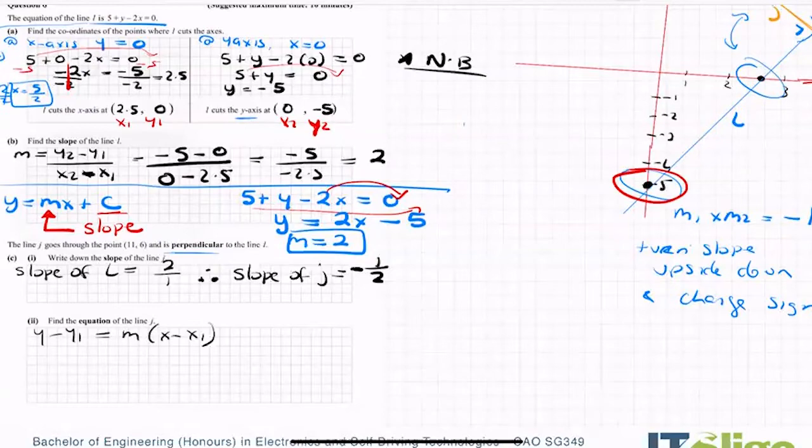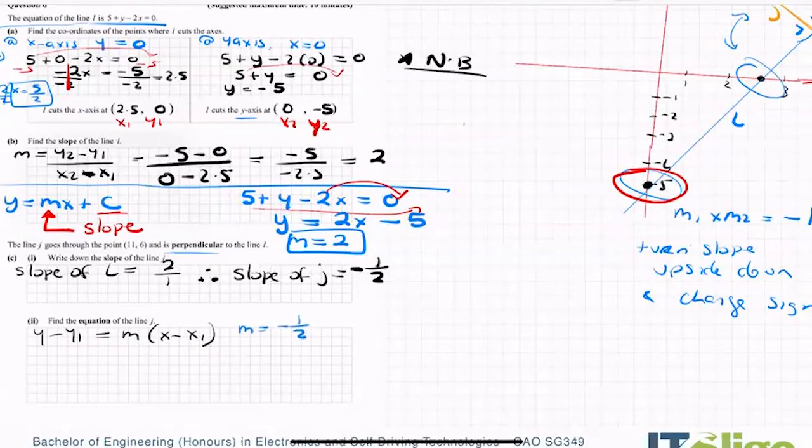So to find the equation of the line J, I need a point on J, (x1, y1), and I need the slope of J. We just found the slope of J to be minus a half.